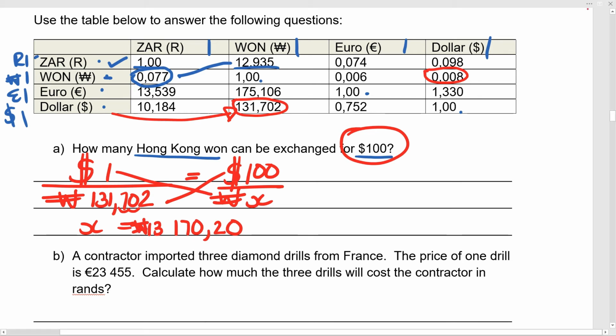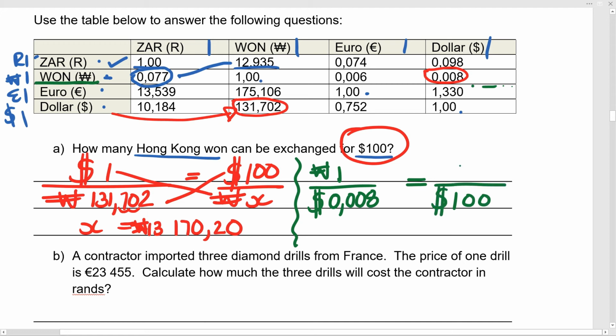Now, what if I had done it instead using the other exchange rate, the 0.08? So then I would have said 1 won gives me $0.008. All right, so I would have said 1 won is the same as $0.008, and of course what I'm trying to do is find the number of won for $100, and we put the dollars at the bottom this time.